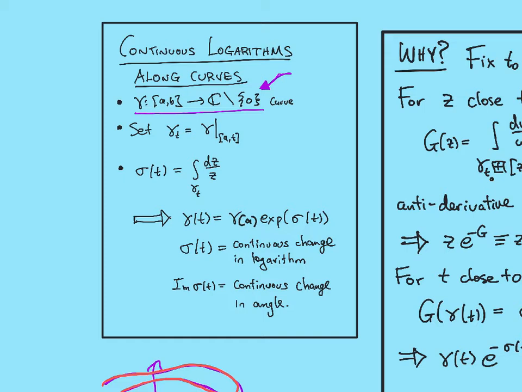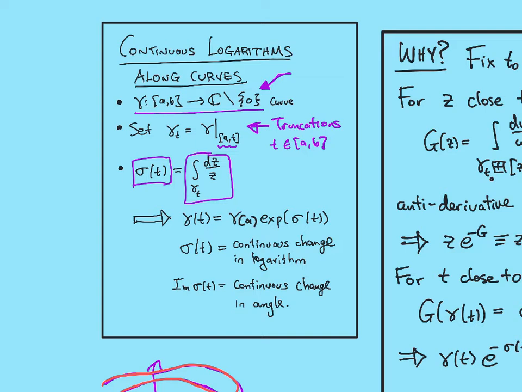So we'll define these truncations of our curve. This will just be gamma restricted to the interval a to t, where t is in the interval a to b. And then we'll define sigma of t to be this line integral of dz over z along this truncated curve.